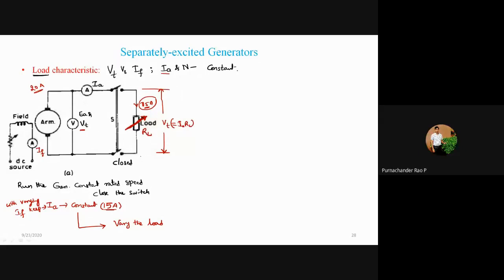Next, anyone? We have adjusted, and you can assume that this is a load. There are different loads available, and each load is connected with a certain switch.